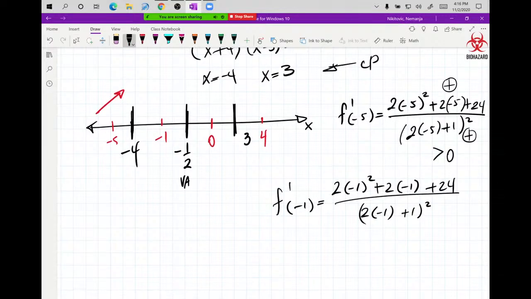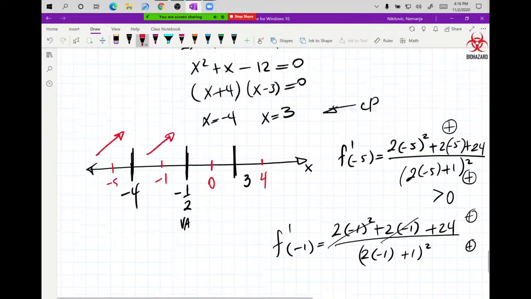So what we have is a positive plus a negative. So these guys actually cancel because one is -2, the other one is 2. So I have 24. So again, I have a positive divided by a positive. So it looks like this is increasing as well.